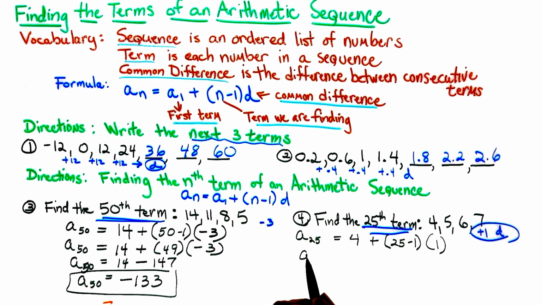So again, just copy down, this is just naming what we're finding, is equal to 4 plus, well, 25 minus 1 we know is 24, and 24 times 1 is just 24. So we know that the 25th term that we would find if we listed them all, which we know we do not want to do, we want to use this formula, would be 28.